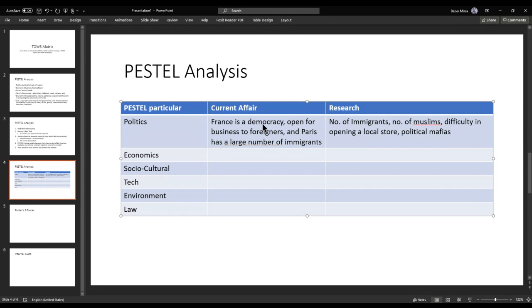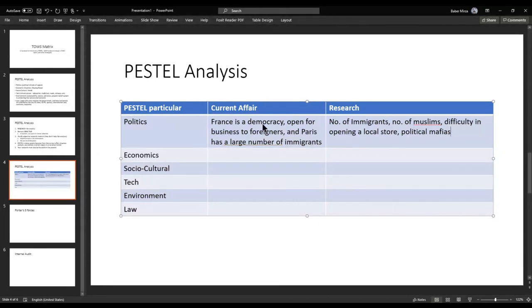Political mafias could be lobbyists that could bully you to shut down your business, or they could be regional groups or pressure groups that don't allow foreigners to enter the market. I've seen this happen in France or even in Paris, where you can't even open up a nice pizzeria or kebab store in a very posh area. They don't allow it. They don't even allow you to buy a house. So I have to research that as well.